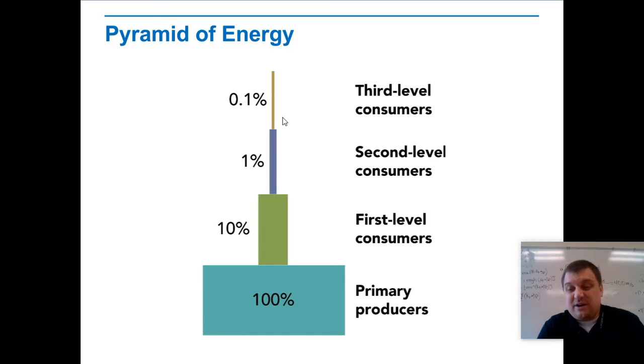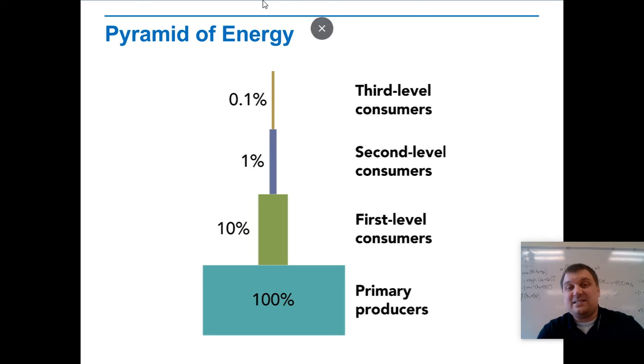And that is very interesting, because if only 10% is getting passed on, where's that other 90% going? What we know is it's leaving as heat. It's getting lost through this process, through heat and other types of reactions. Only 10% is able to be passed on, and so you can see that different ecosystems may only have three levels of consumer.